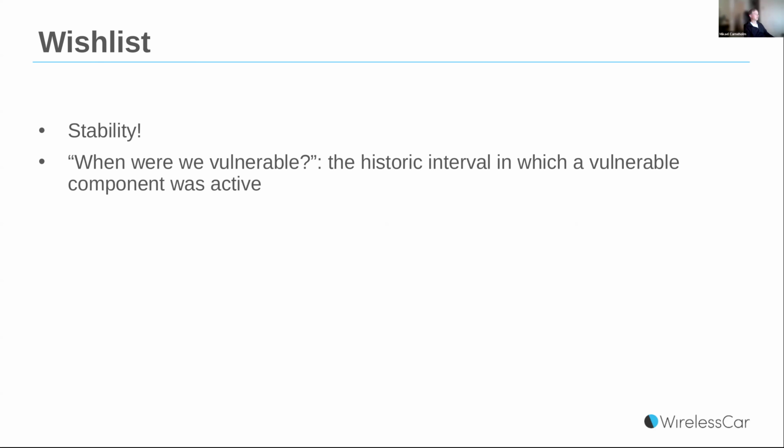And someone came up with the use case where it would be nice to be able to know in which historic interval we have been vulnerable. So basically, not only getting the information of whether we are vulnerable now, but also how it was historically.